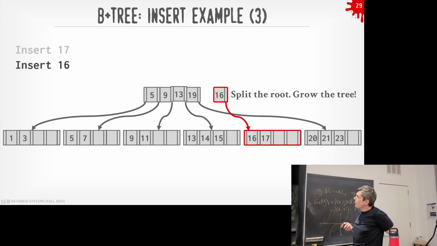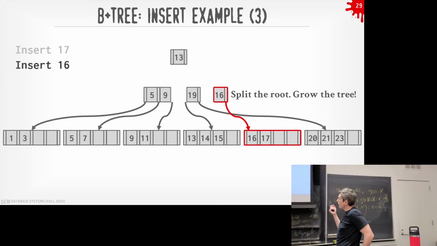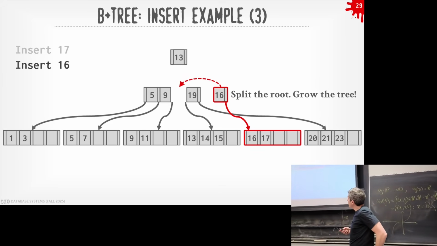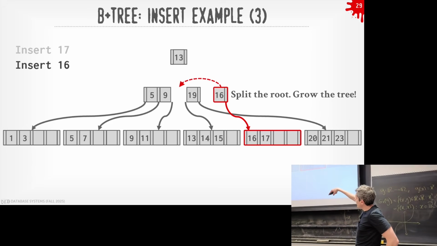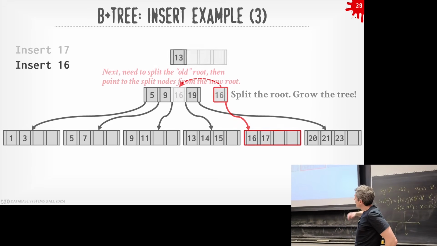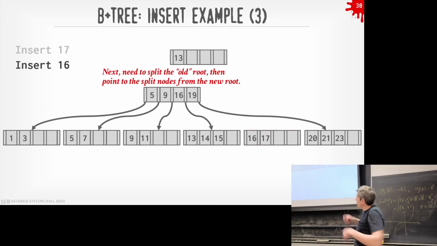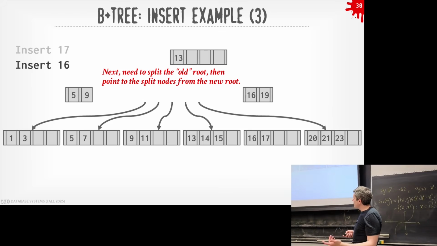So 13 is going to get moved up because that'll be the middle key for the new root of the entire tree. And then 16 is going to get put between 9 and 19, right? But now what we need to do is split this, because anytime I've inserted something up, I have to split whatever node has overflowed. So I'm going to create 2 new nodes here.